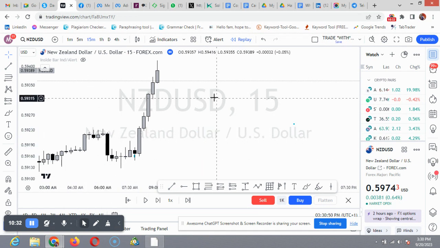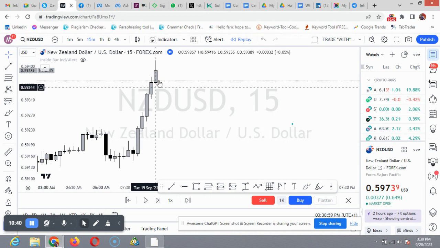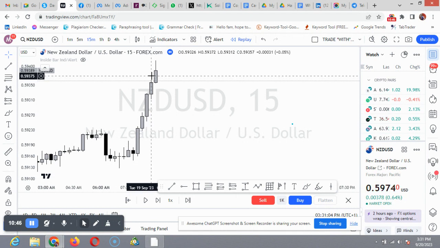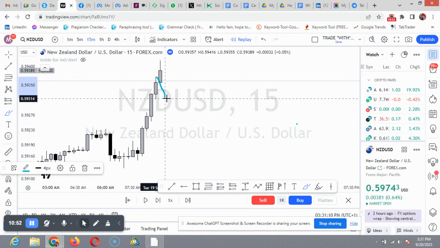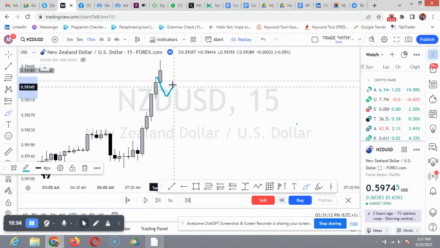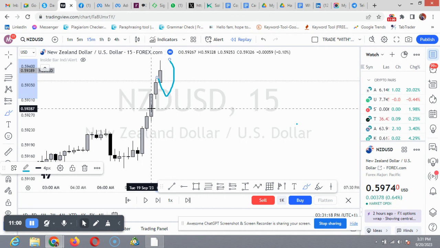Like I said, in a bullish scenario, the pullback has to be the low. This candle here would have at least come down like this and taken out the low of this candle before going up. But it didn't. Because it didn't, we don't have a valid pullback.